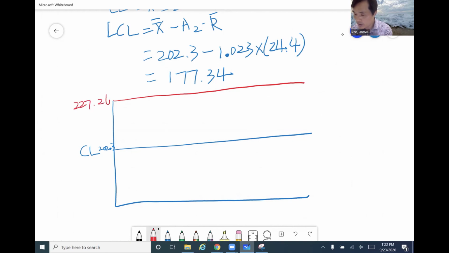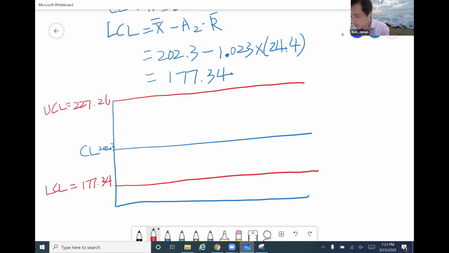That's upper control limit. Lower control limit is 177.34. That's lower control limit over here. And we have time.